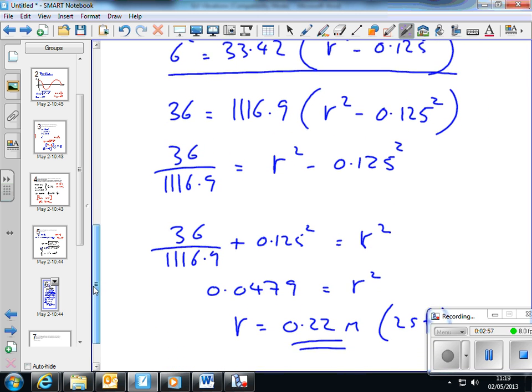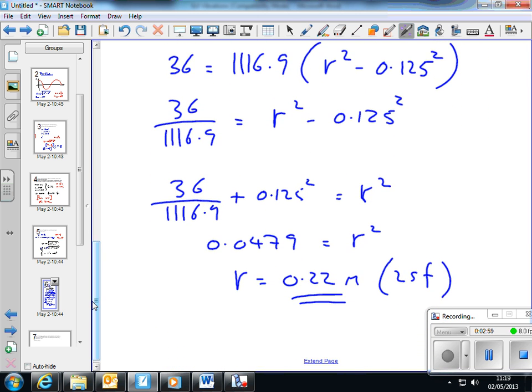If you want to look at them slowly, you should get an answer around about that. But we're rounding all the way through. We've rounded here, and we've rounded here, and so you might get a slightly different answer. 0.18 has been suggested if you hold on to the accuracy. So that shows the importance of holding on to the accuracy. Okay?